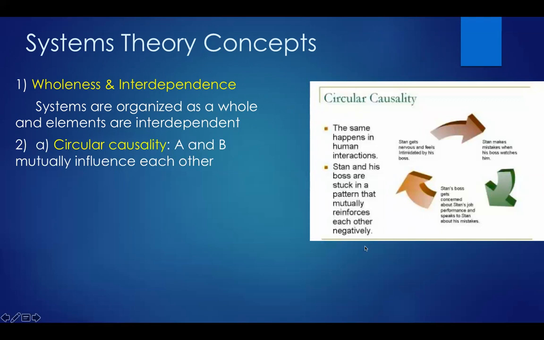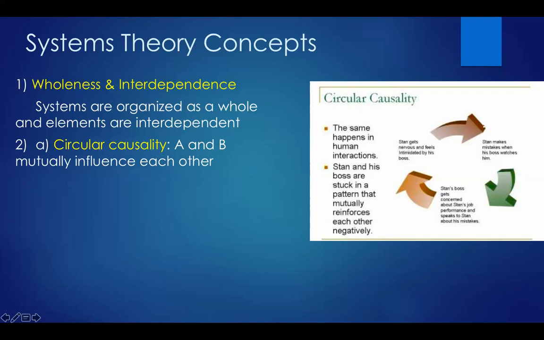let's say Stan and his boss are stuck in a pattern that mutually reinforces each other negatively. So this isn't a family, but it's the same idea. So let's start here. Stan gets nervous and feels intimidated by his boss. Maybe he's just more naturally nervous and his boss is somewhat intimidating. So then Stan makes mistakes when his boss is watching him because he's nervous and his boss is intimidating.